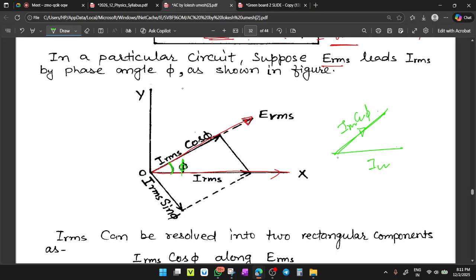And the other in the perpendicular direction, which equals I_rms sin phi. As this angle is phi, the component adjoining phi is called the cos component, and the other one is called the sine component. So this equals I_rms sin phi.